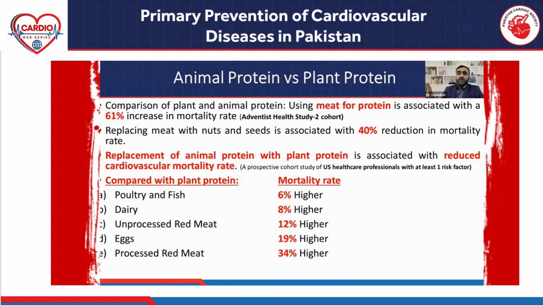Dairy products give you 8% higher mortality, unprocessed red meat gives you 12%, eggs give you 19%, and processed red meat gives you 34% higher mortality compared to plant protein. So you need to get your proteins from plant sources as compared to animal sources.